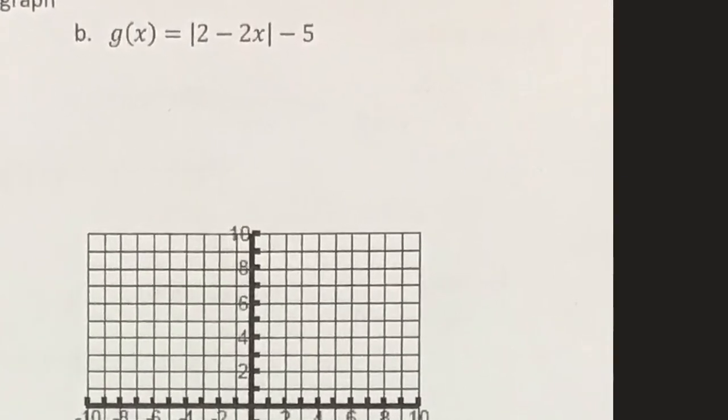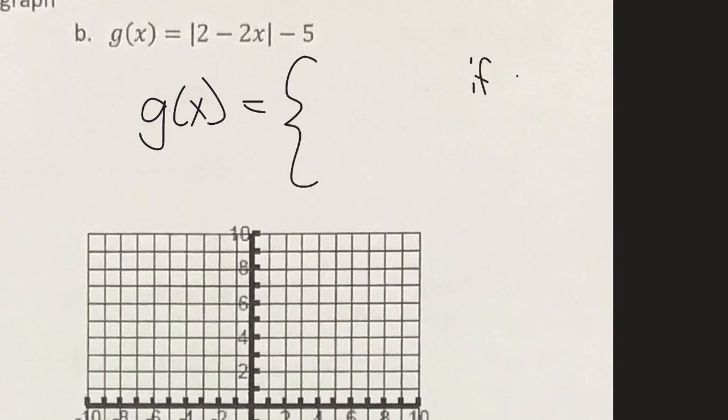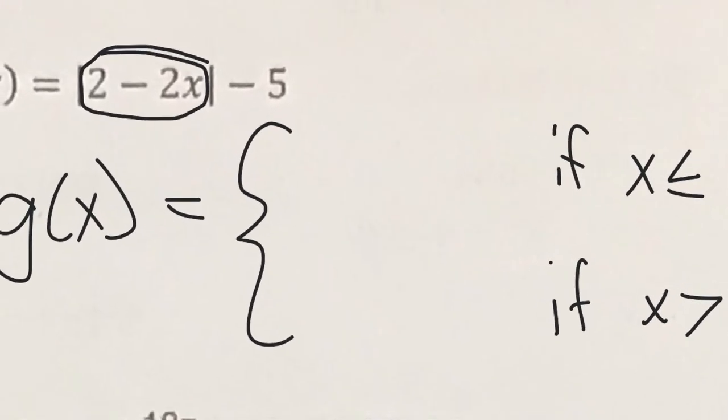So first we have to find the fence. We want to make it smaller. So f of x, or g of x rather, parentheses, if x is less than or equal to, or if x is greater than. So only the thing inside of your absolute value is where your fence comes from.